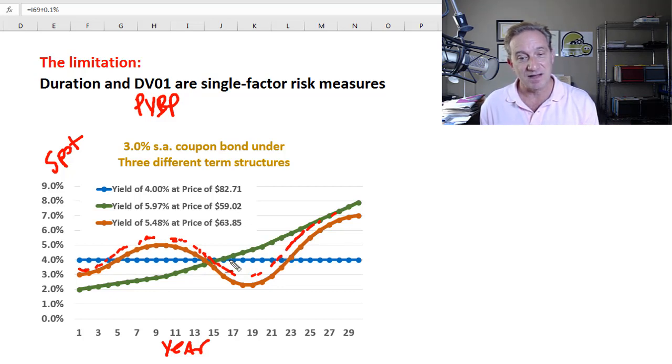Even if we think about the flat curve here, anything else, a steepening or a flattening, would require us to use more than one variable to describe the shift. So that's the key idea.